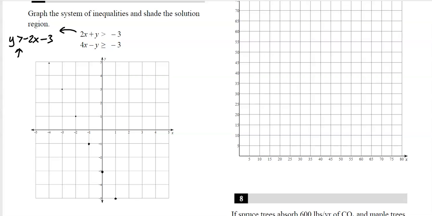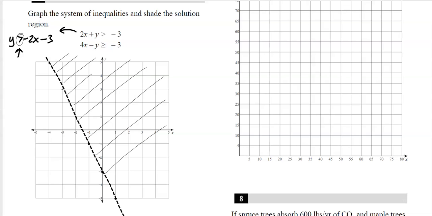So I know this is going to be a dotted line like that. Now I need to shade this line, and since it's y greater than, I'm shading above the line. I'm shading up here. So I'm going all this way. You don't really need to do all these, but I'm doing it for effect.